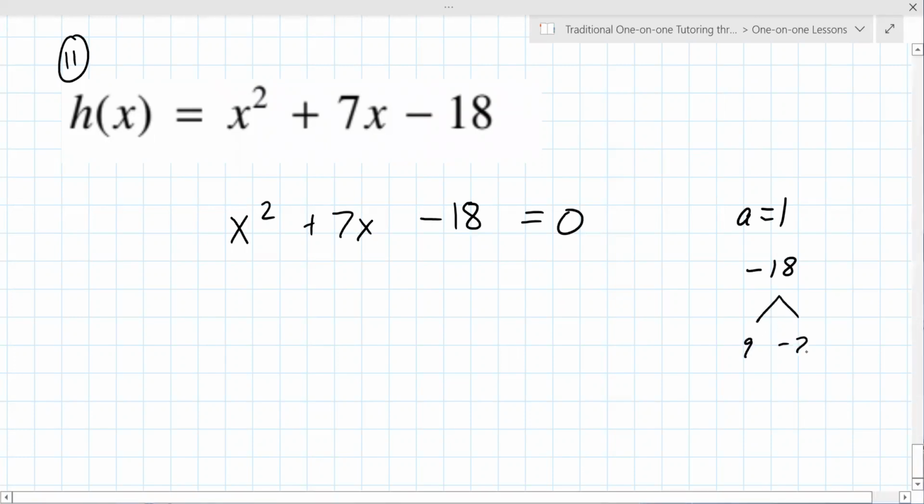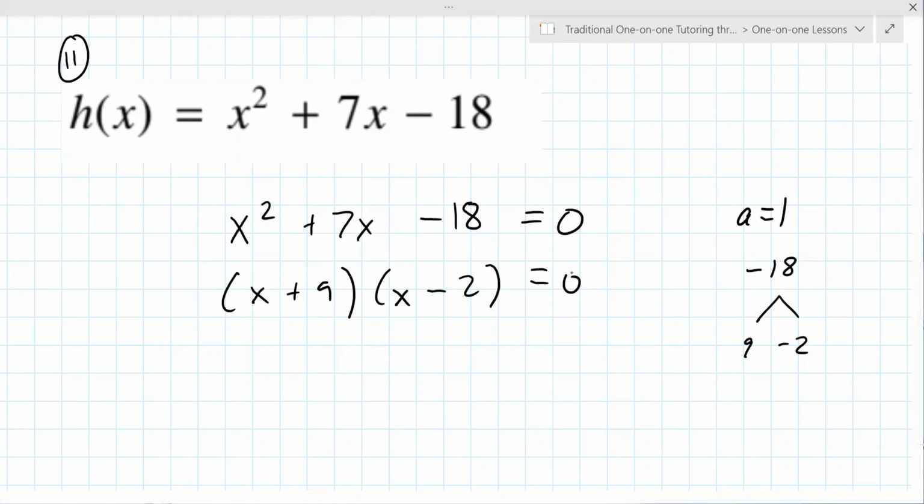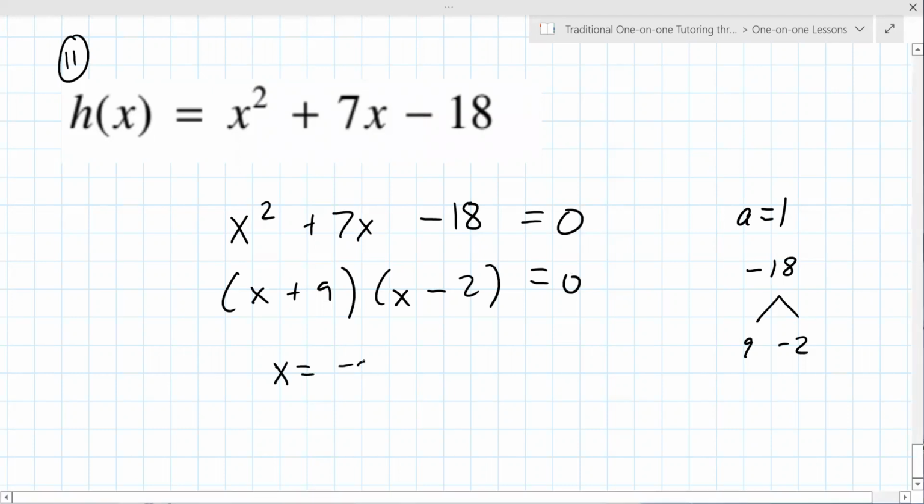Yes, positive 9 and negative 2. So that becomes x plus 9, x minus 2. So that'd be x equals -9 and x equals +2. Exactly.